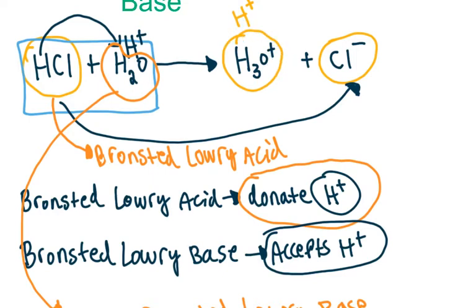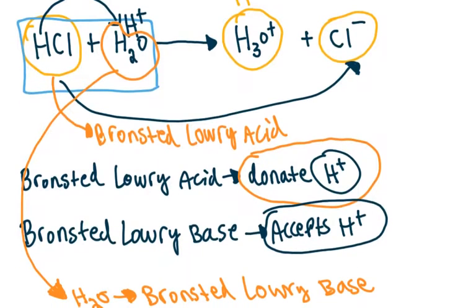So if our H2O is the one that accepted the hydrogen cation, we're talking about a Bronsted Lowry base. But since our HCl is the one that donated the hydrogen cation, we're talking about a Bronsted Lowry acid, our HCl. And our H2O is the Bronsted Lowry base because it accepted a hydrogen cation. So that's the basic overview of a Bronsted Lowry acid and a Bronsted Lowry base.